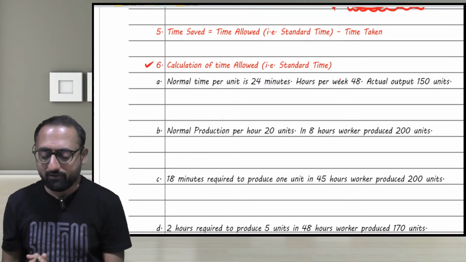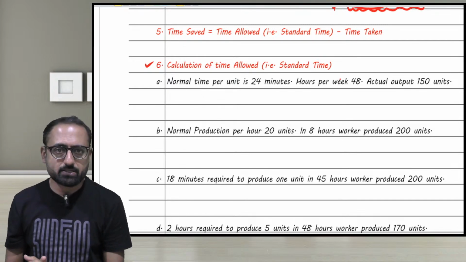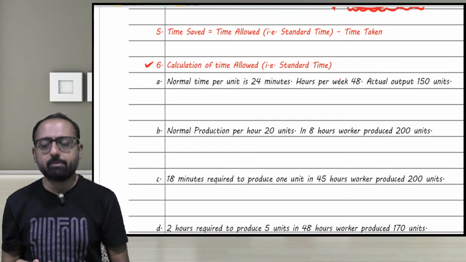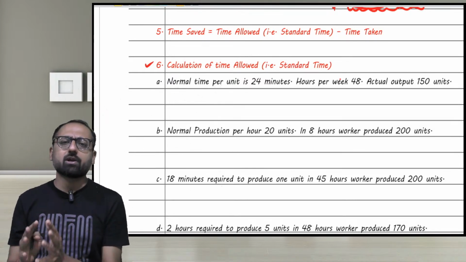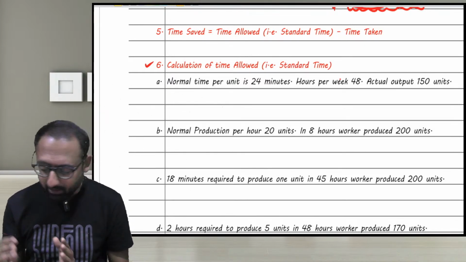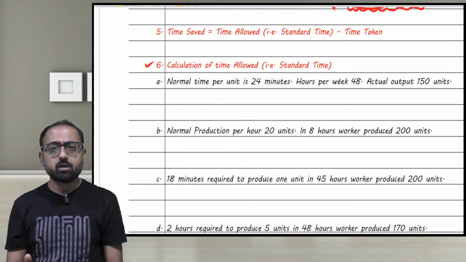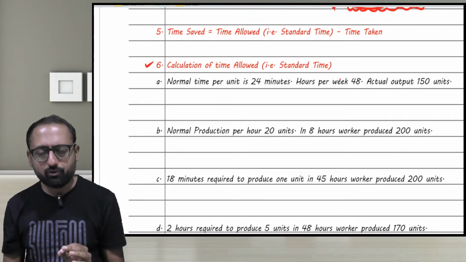So let's go to the first question. Normal time per unit is 24 minutes. For one unit, 24 minutes will be required, and hours per week are 48. The worker is working 48 hours a week. Actual output is 150 units. Now boys and girls, be careful.